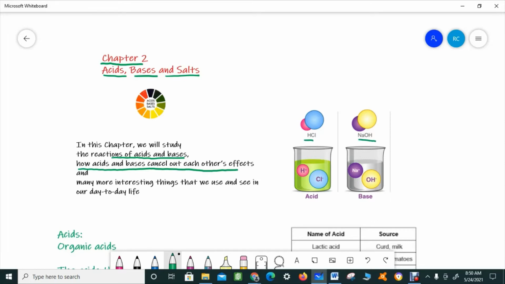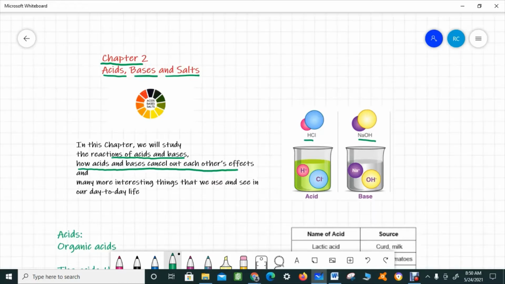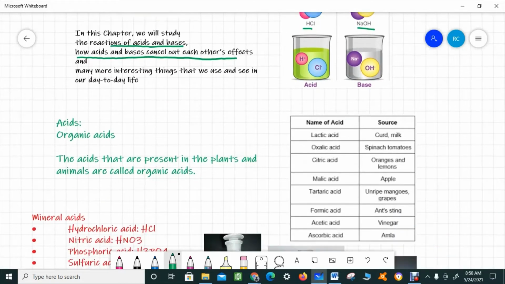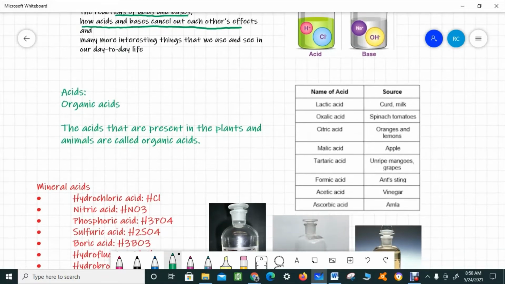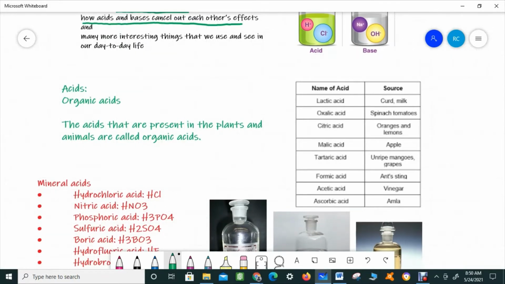So commonly we classify acids into two types, organic acids and inorganic acids. Organic acids means they are present in plants and animals.